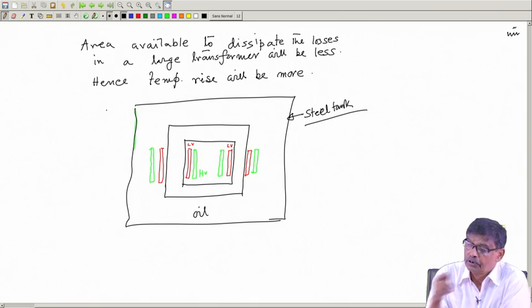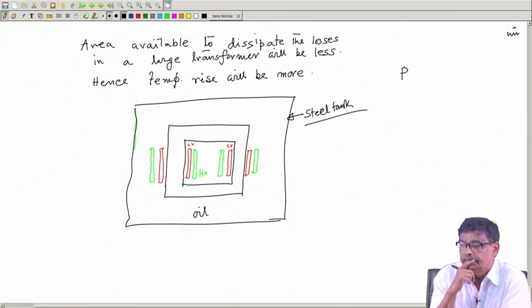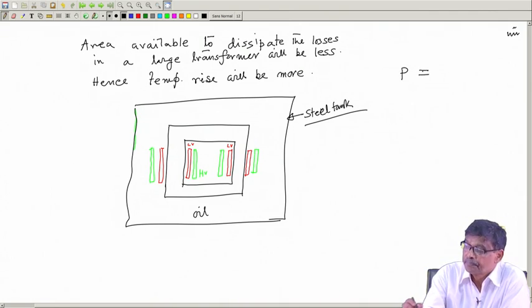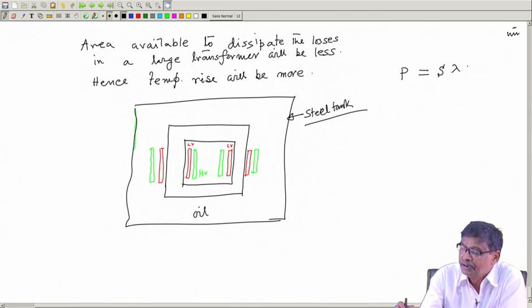the loss in the transformer is P, rate at which heat is generated is P. Okay. And this should be equal to surface area into emissivity into the final temperature rise.